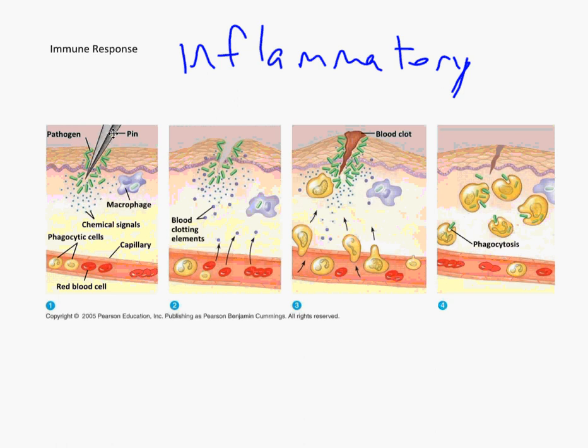There are bacteria on that pin. And so at this point, the macrophages are here, and the damaged cells are going to send out a chemical called histamine. And histamine is going to call in the macrophages and these other phagocytic type cells, and they're going to be drawn to this area, and they are going to just eat all of those bacteria.